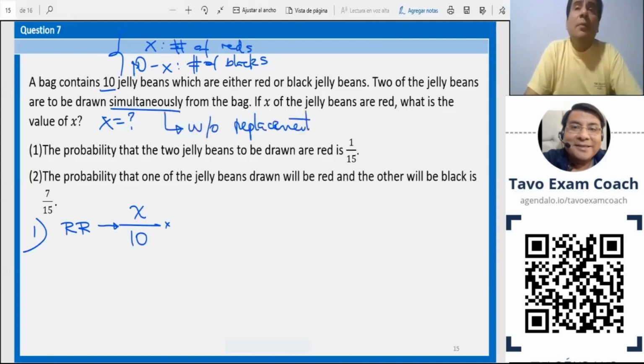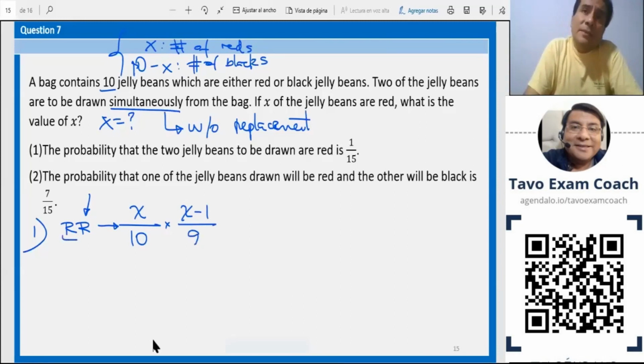Okay. Since they mention simultaneously here, that's equivalent to without replacement. Let's consider this at the moment of calculating the probability for the second red bean. Now, if I didn't replace the first bean, that means red beans now are 1 fewer, X minus 1. And the number of total jelly beans is reduced by 1 too, so 9.